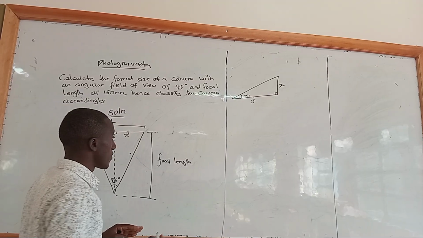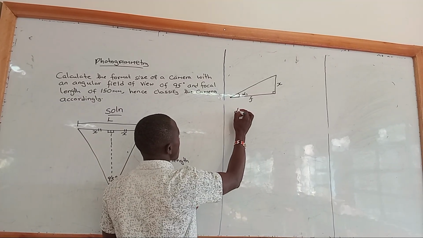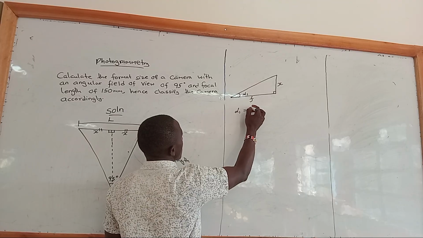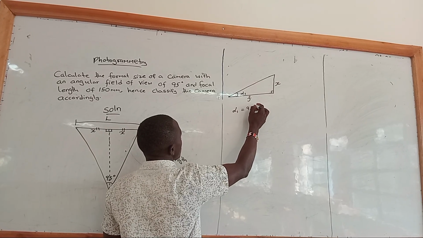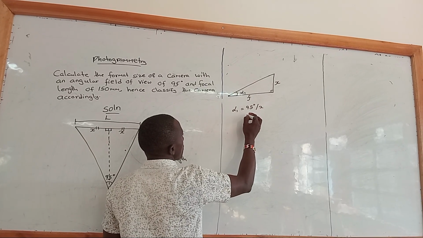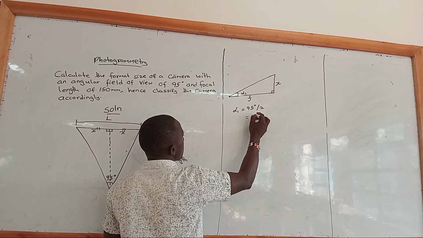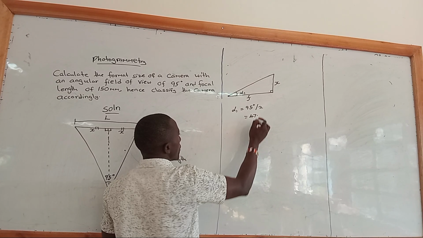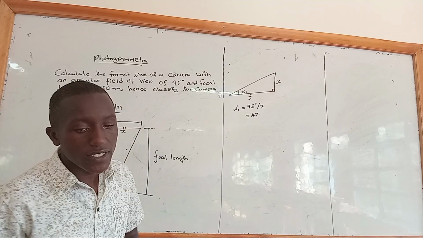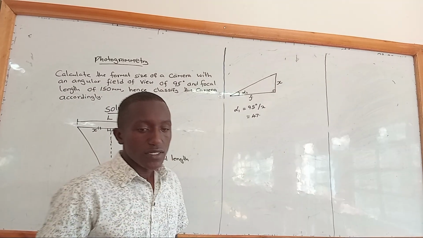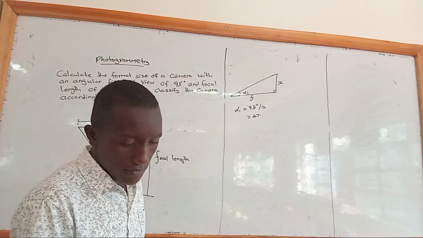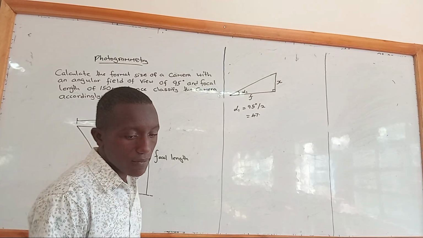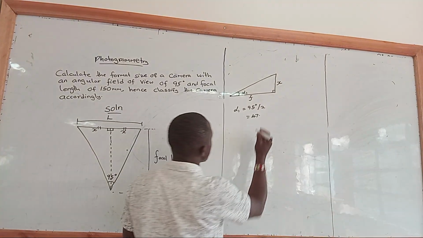So for you to get alpha 1, it is that angular field of view divided by 2, which will give us 47.5 degrees.